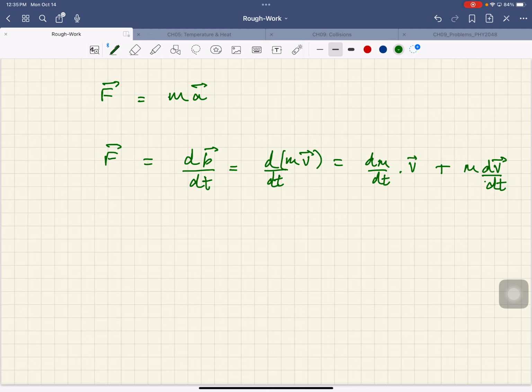That is equal to dm by dt times velocity plus, what is dv by dt? Instantaneous acceleration. So m times a. So that was that term.